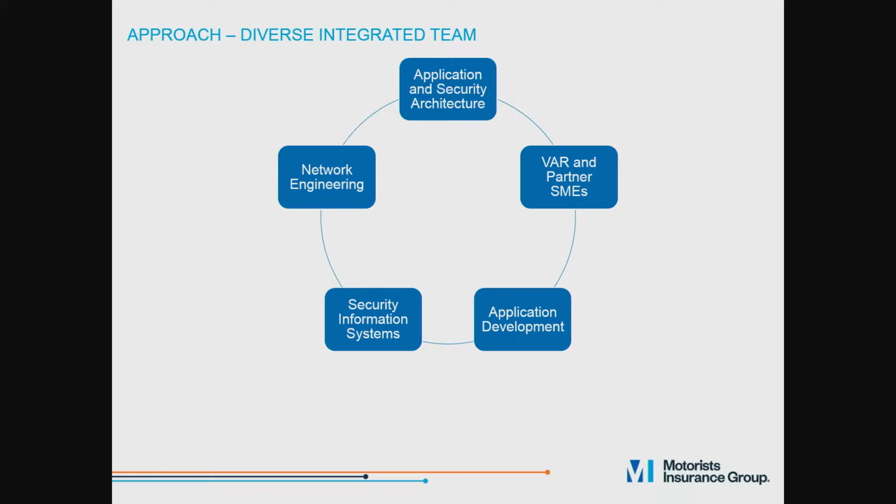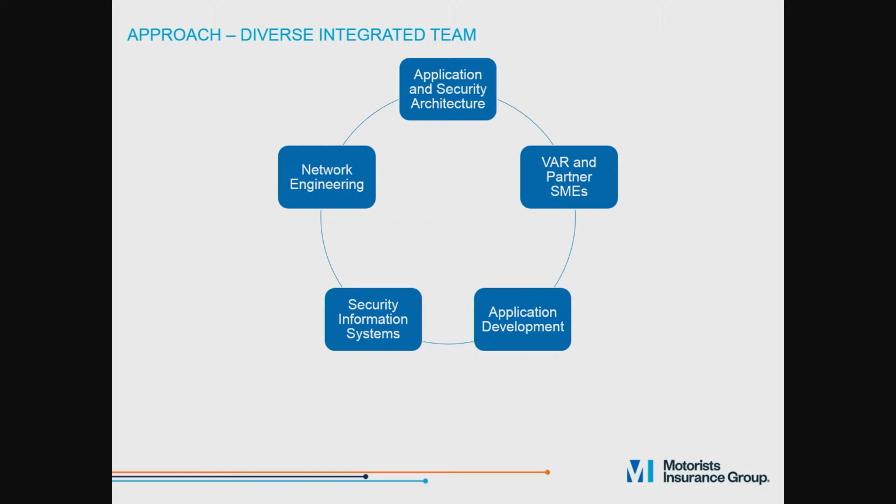And it wasn't until we said, okay, let's get a team together. We call it a diverse integrated team. Let's get all the right people in the room. And let's talk about this. Let's figure this out. So we got our security people, our network people, app dev people, our architects.